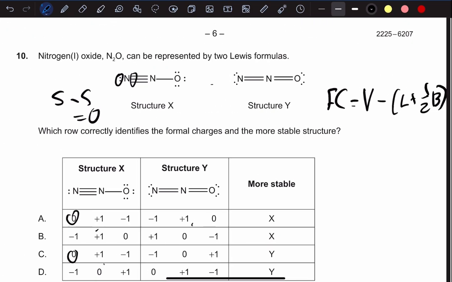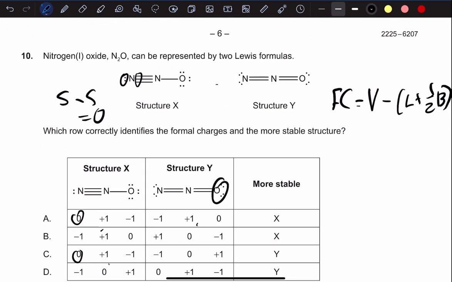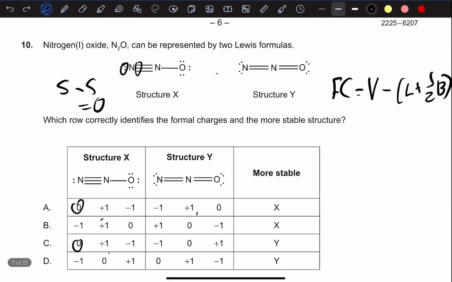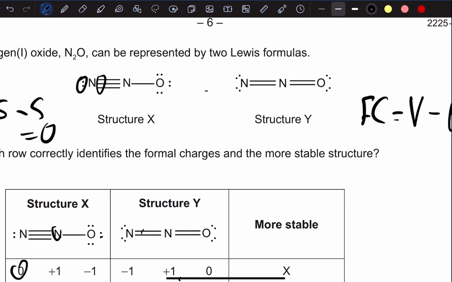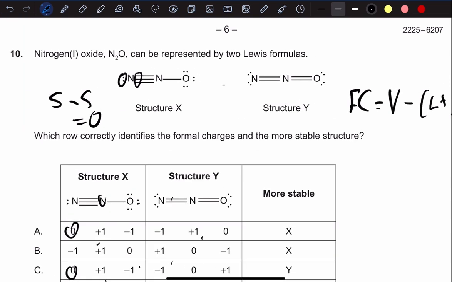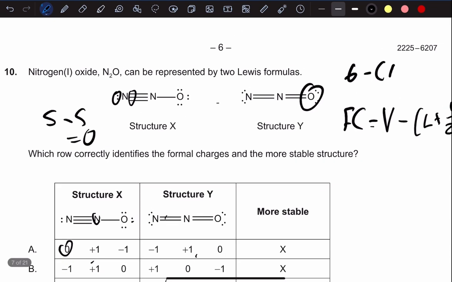So let's do this oxygen. It saves us time, right? Because they're the same for the rest of these ones. They share the same formal charge, but they differ here. So that makes our lives a bit easier. So let's do structure X's oxygen. So this oxygen, 6 minus 4 plus 2, right?